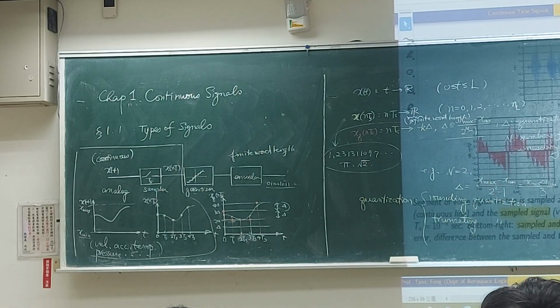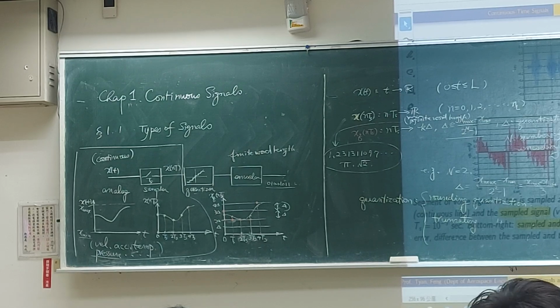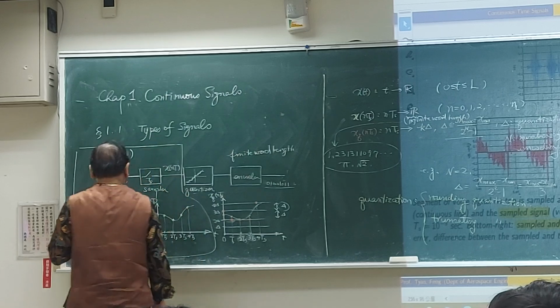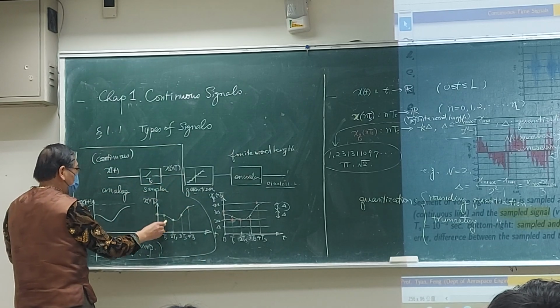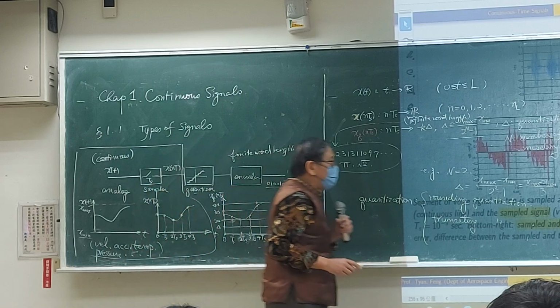It is too much for everyone here, too complicated. So later on we will not focus on quantization. We will assume the signal will be sampled, and that's it. Okay? Will be sampled, that's it.